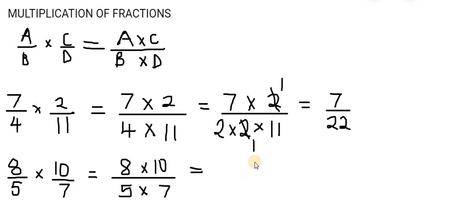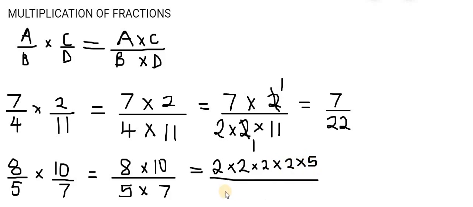So, 8 is not a prime number, but if we break it down, it's 2 times 2 times 2, and 10 is 2 times 5. 5 is a prime number, so we leave it as that. 7 is a prime number, so we leave it as that.